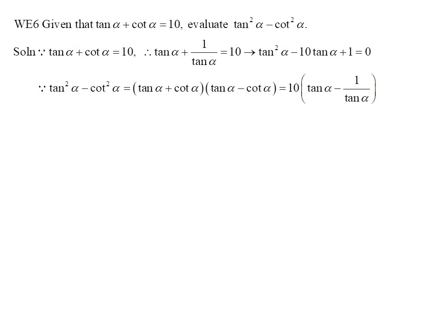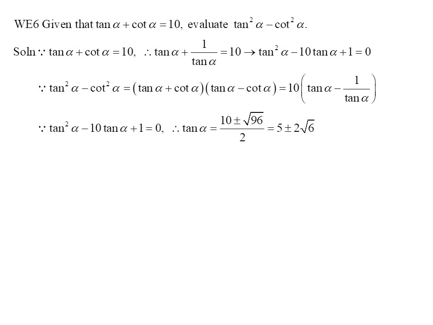Since tangent squared alpha minus cotangent squared alpha is factorized to tangent alpha plus cotangent alpha, in parentheses, times tangent alpha minus cotangent alpha, in parentheses, it equals 10 times tangent alpha minus its reciprocal, in parentheses.